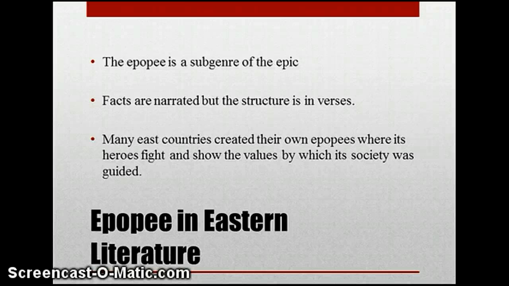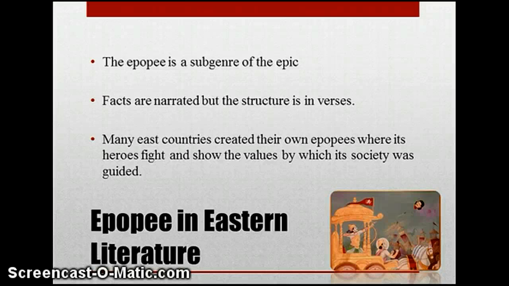All the epopee is a subgenre of the epic. Facts are narrated or told, but the structure is in verses, as we saw last week. Many Eastern countries create their own epopees, where their heroes fight and show the values by which their society was guided.